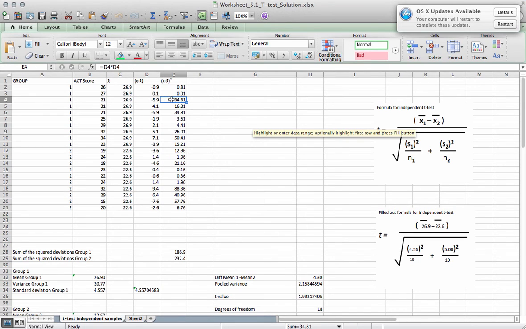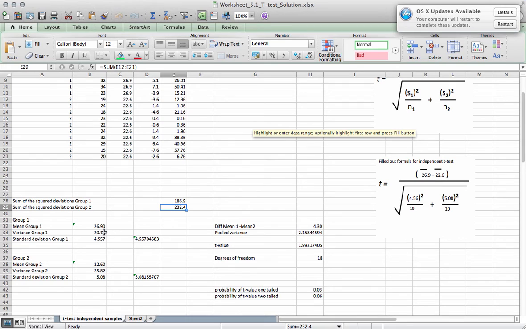So 5.9 becomes 34, whereas 4 is only 16. Right? We add all these up for group 1, which gives us the sum of the square differences of group 1. This here gives us the sum of the square differences of group 2.